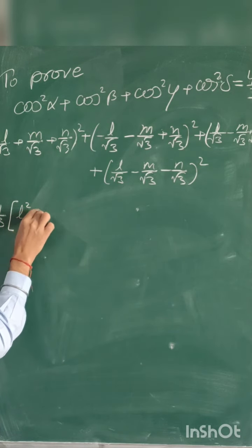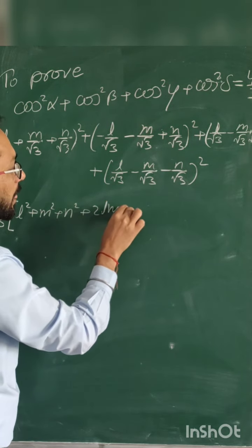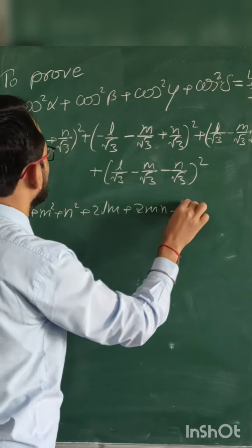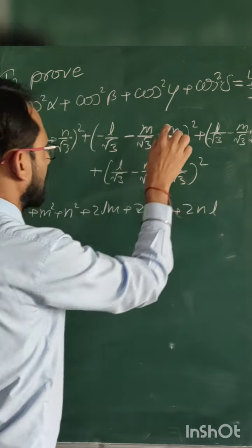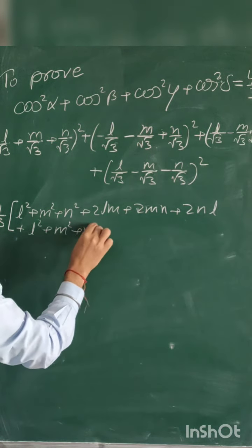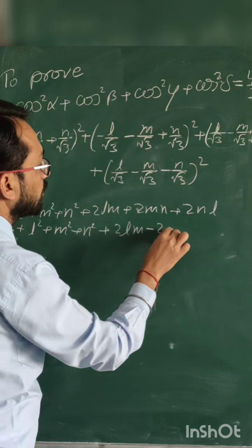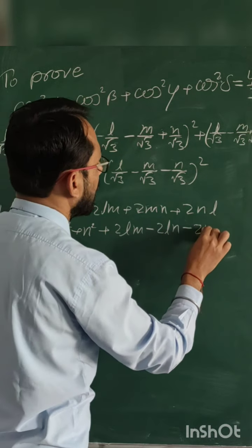I am taking it common; that will make the calculation a little easier. So 1 by 3 is coming out. Now (l plus m plus n) whole square will become l square plus m square plus n square plus 2lm plus 2mn plus 2nl. Now this plus l square plus m square plus n square plus 2lm minus 2ln minus 2mn.